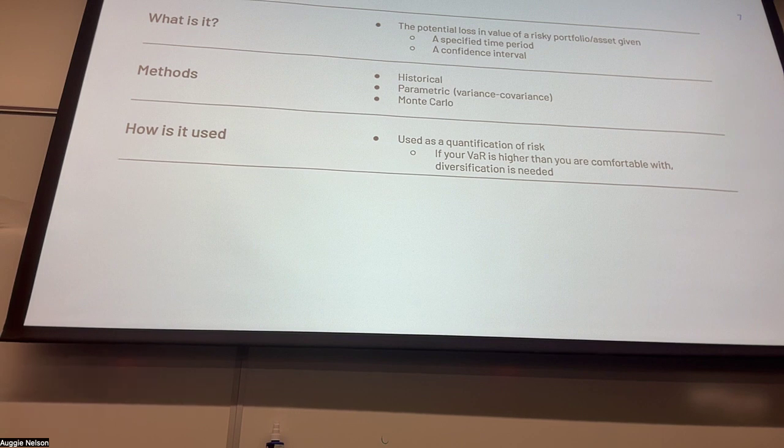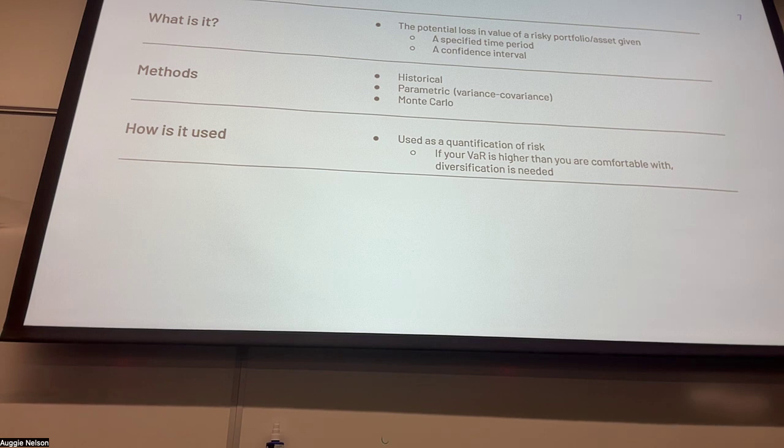If we're doing a value at risk for the portfolio, we're going to say, okay, our value at risk over a trading month at a 95% confidence interval is this much money. So that's the way you understand it if you're saying it rather than seeing it written out and calculated. There are 3 methods for calculating value at risk.